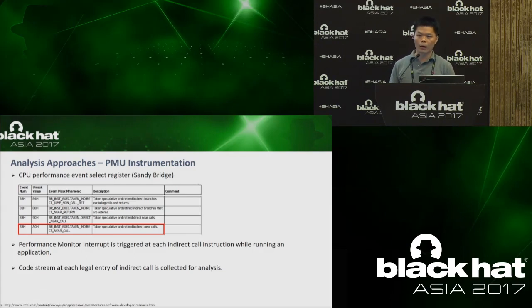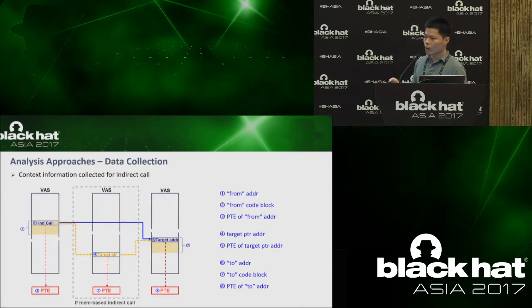So what kind of data did we collect in our study? There are 3 addresses involved in each memory-based indirect call. We have a from address where this memory-based indirect call takes place.